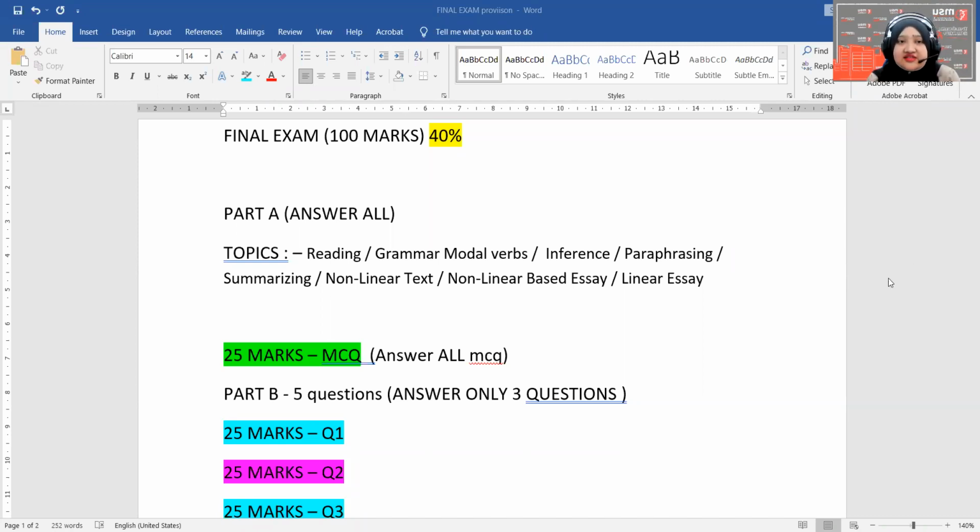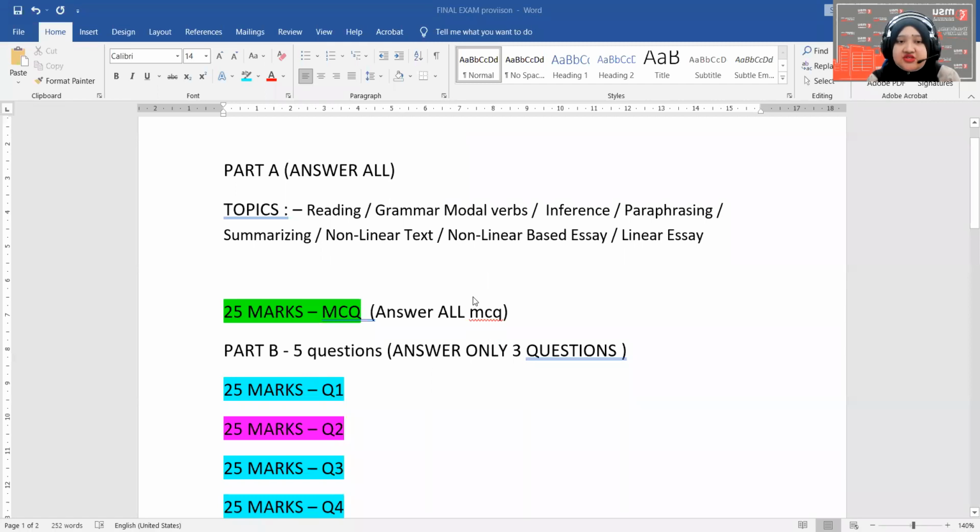For the final exam, especially for the subject English for Academic Enrichment, there will be 100 marks to achieve, with 40% in total. So this is the final exam. Previously we have already completed 60% of the coursework, and this is the last 40% portion of the semester. In the questions, there will be two parts, part A and part B.